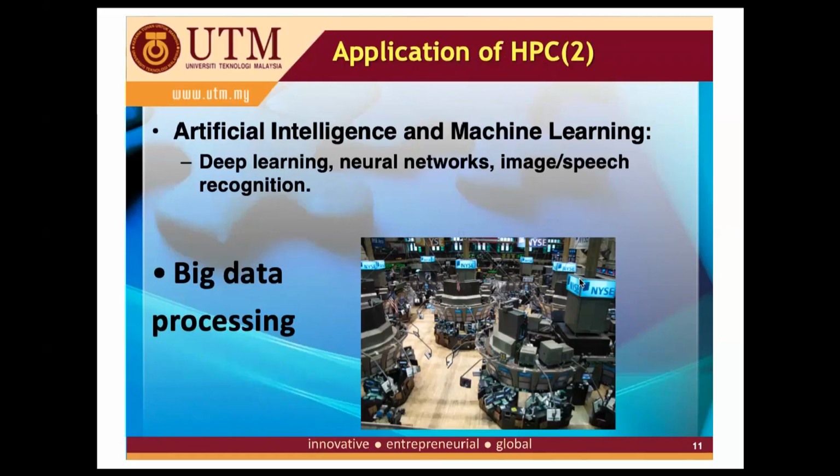So you can see here, deep learning, neural networks, image and speech recognition, they are using this. And also big data processing. This is the current trend. So this is the kind of application, that's the technology they use.